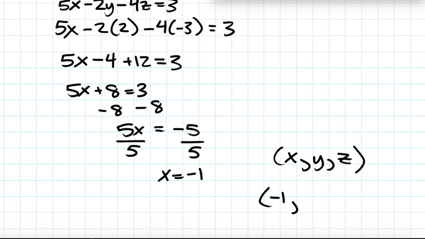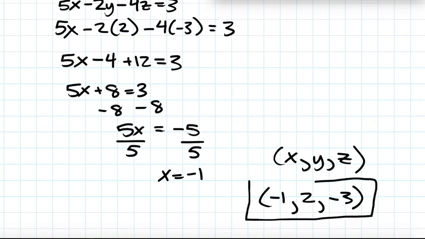All of the problems that we're doing should work out so that there is an answer and you get numbers for x, y, and z. So we have -1, the y that we found is 2, and the z that we found was -3. So that's my answer. It's kind of a long problem, but it's just a lot of steps to do.